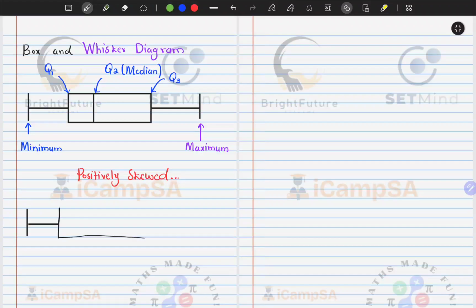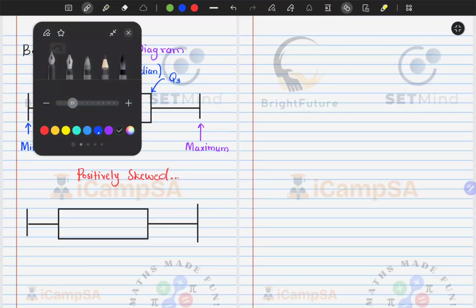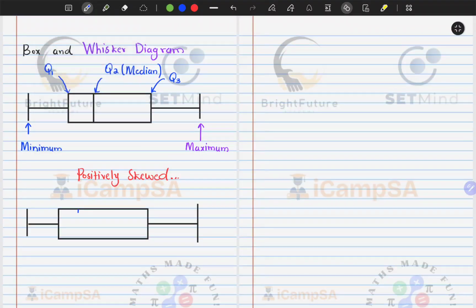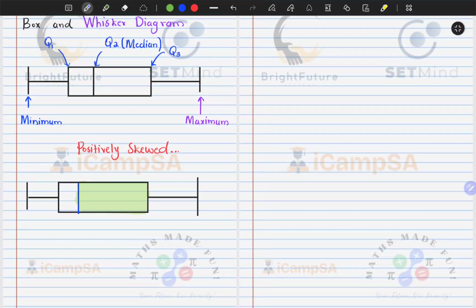You'll have your box and the other end. What you will notice is that where your Q2 is, it will lean more to the left. The skewness is on the positive side.